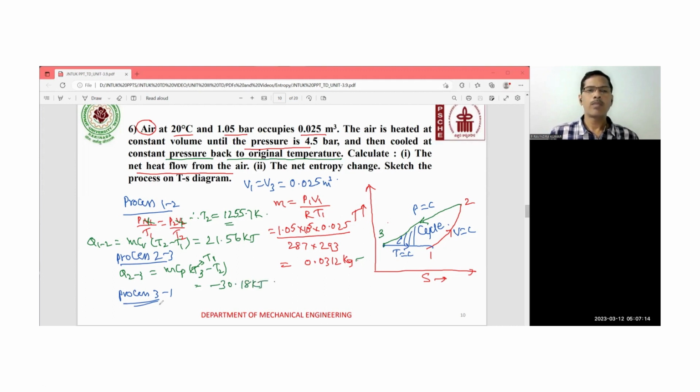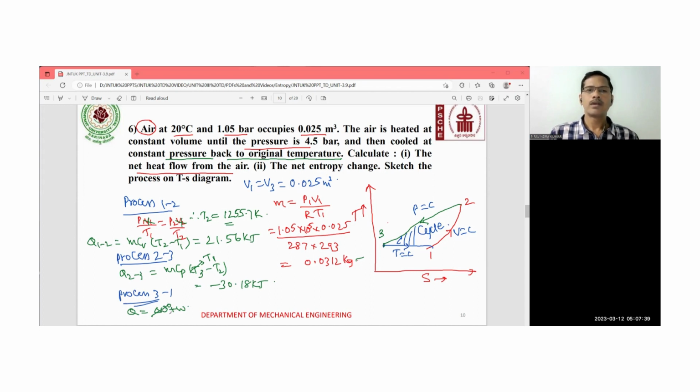And when you apply the third one, that is Q is equal to delta U plus W, for Q3 to 1, because it is an isothermal process, it is equal to 0.